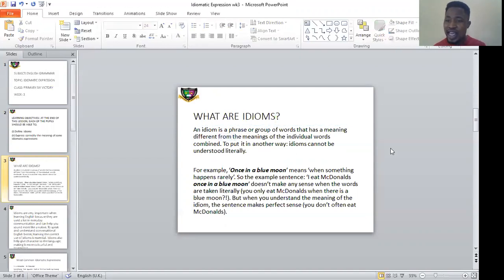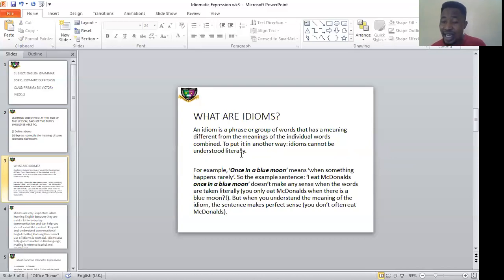So what we're trying to say is a group of words are given. Now, but those words don't literally mean what each word in the sentence means. They mean something totally different from what each of the words put together means. Okay, I give you an instance. To put it in another way, idioms cannot be understood literally.